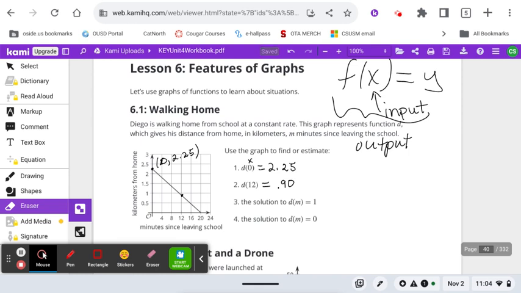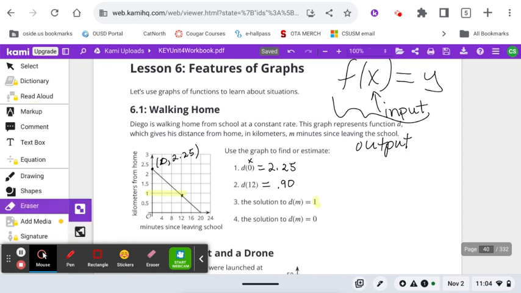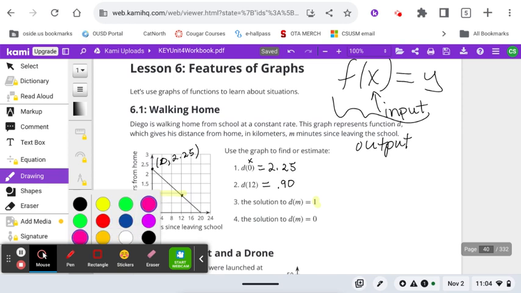Now, solution to d of m when it's equal to 1. Now this is an output that's being given to us. So we follow the output along and we find the input at that place. So we're going to be looking at this spot right here on the line. And so where do you think that is? 8, 9, 10, 11.